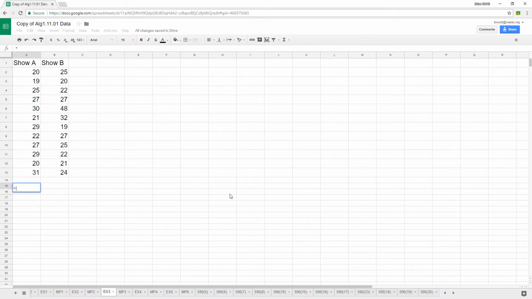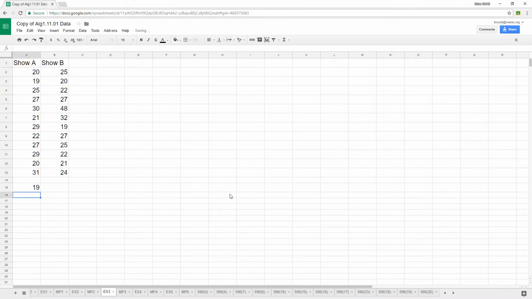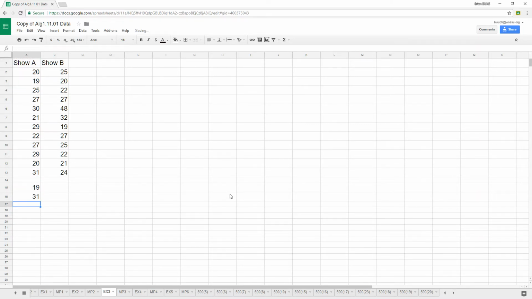If I want to find the smallest number in a list, I can type equals min. What do you think that's going to do? That's going to find the minimum number in the list, 19. If I want the largest number in the list, what do you think the formula is going to be? It's actually going to be max. And I can do that.